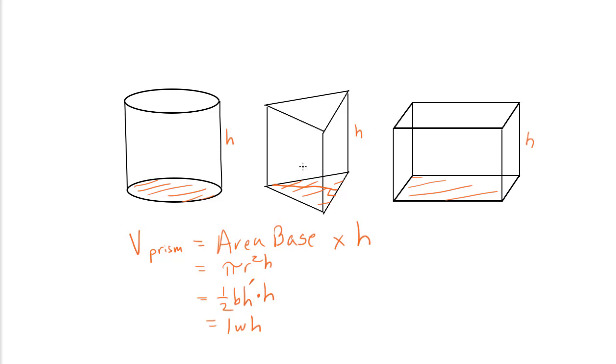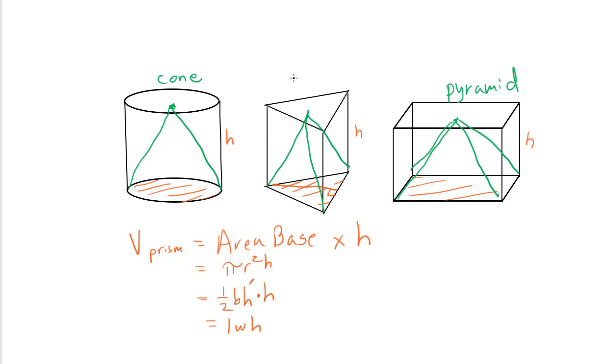Okay, that's well and good. That's the first part. The second part is if I take any of these shapes up to a point, like for a cone, I make my cylinder a cone that fits just inside, or my triangular prism to a triangular pyramid, or my rectangular prism up to a point, a rectangular pyramid.